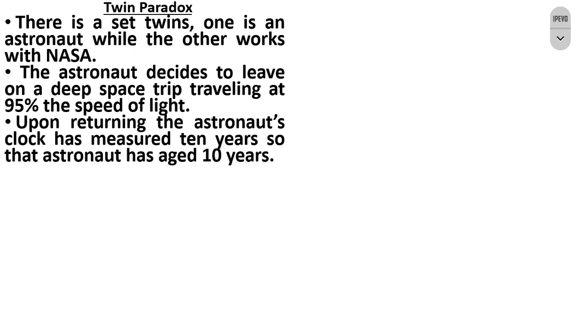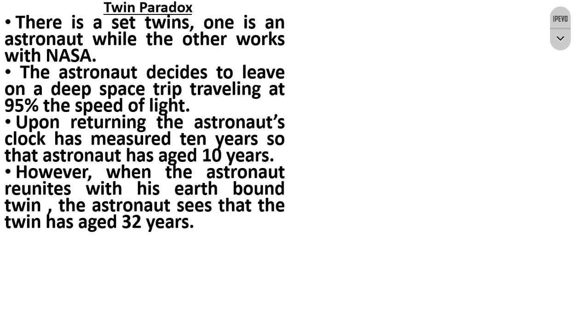Upon returning, the astronaut's clock has measured 10 years, so that the astronaut has aged 10 years. After he has gone and returned, his own clock shows him that he has spent just 10 years. These are identical twins. One is working somewhere in NASA and the other one is an astronaut.